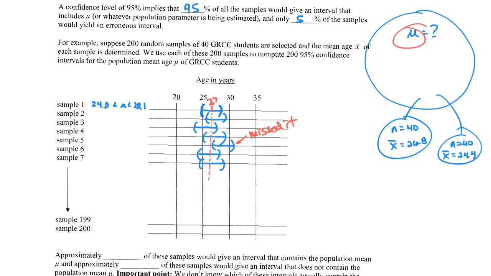So out of all of these samples, you have 200 samples you take. Out of those 200 samples, 95% of these samples would give an interval that contains mu.